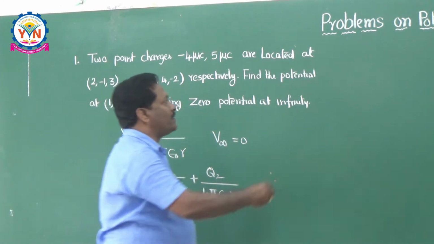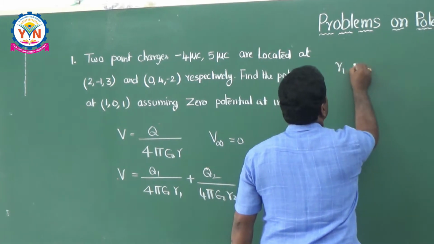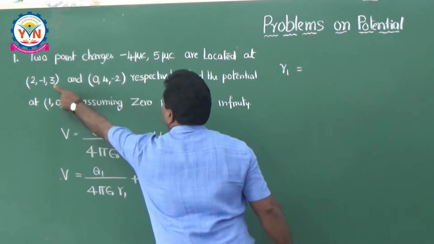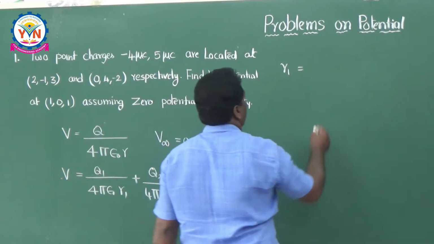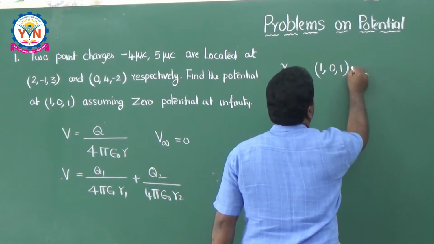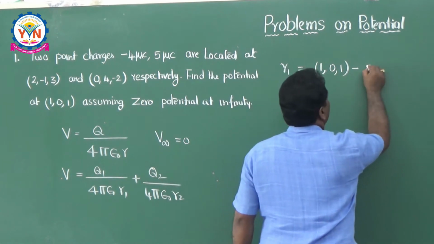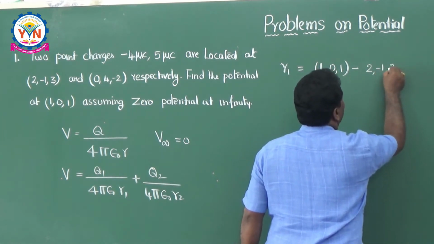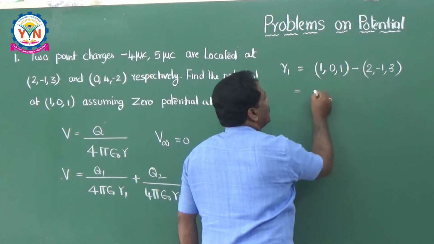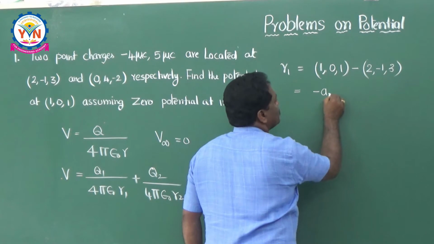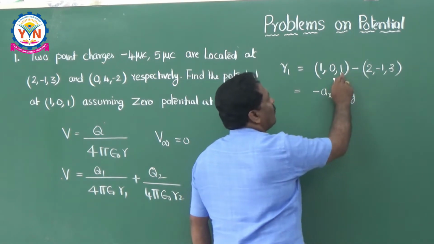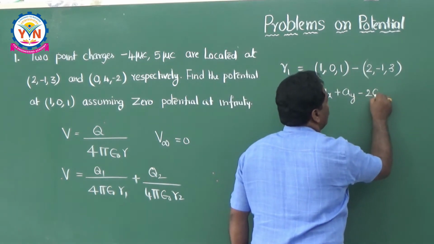So, what is R1 here? R1 is equal to, always remember, destination minus source. Your destination is (1, 0, 1), your source is at (2, -1, 3). That is 1 minus 2, that is minus AX, 0 minus of minus 1, plus AY, and 1 minus 3, that is nothing but minus 2 AZ.